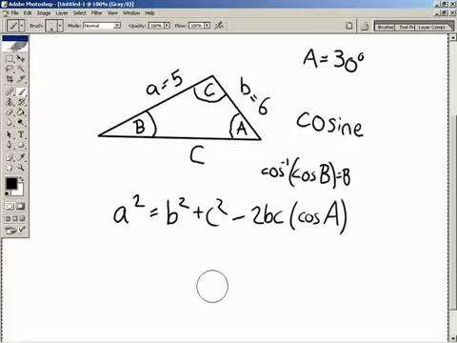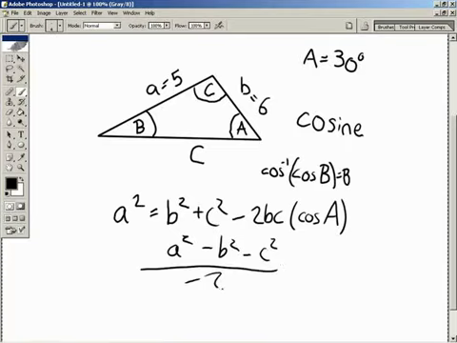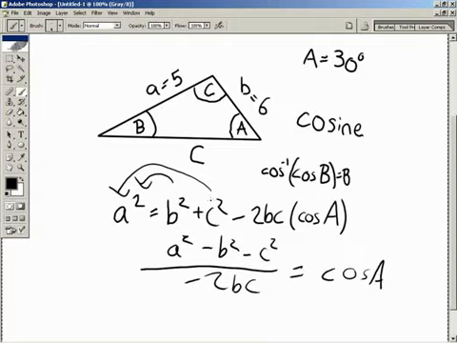Some people prefer to write this formula in a completely unnecessarily complicated way. They say this: A squared minus B squared minus C squared divided by minus 2BC equals cos A. And then they say, well, we don't need all these minus signs lying around, because all I did was bring the B over to the other side, the C over to the other side, and then divide by this whole area to isolate cosine, right?